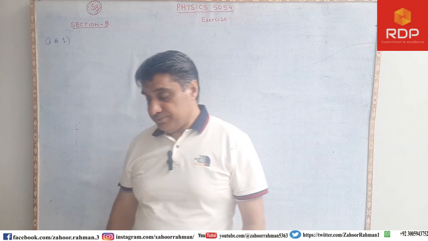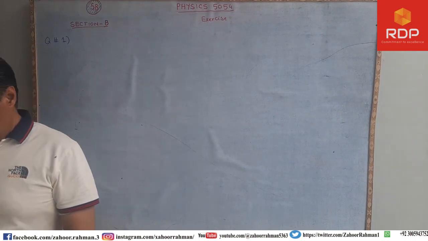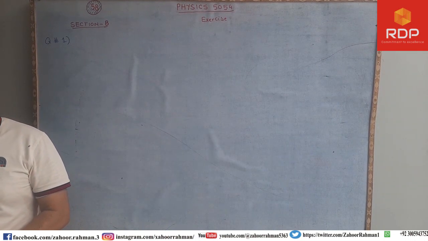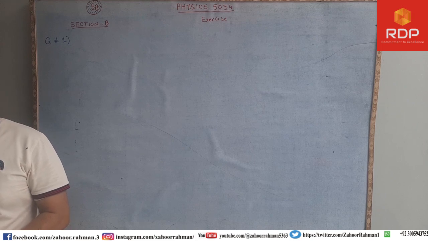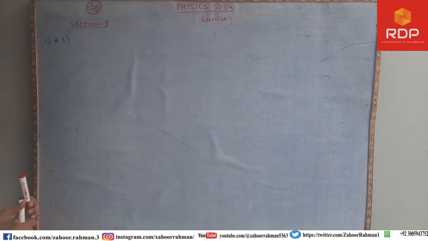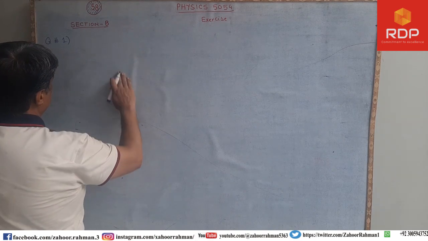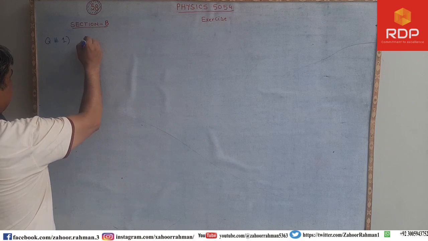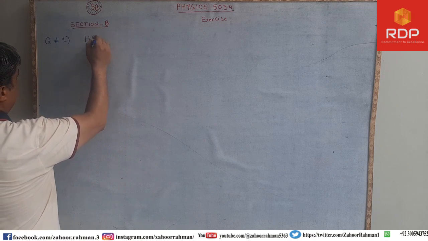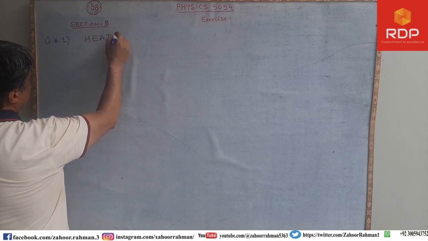Okay, we are back, and question number 1 in section B is saying distinguish between the heat capacity C and the specific heat capacity. Let us distinguish between them. First of all, we are writing heat capacity.